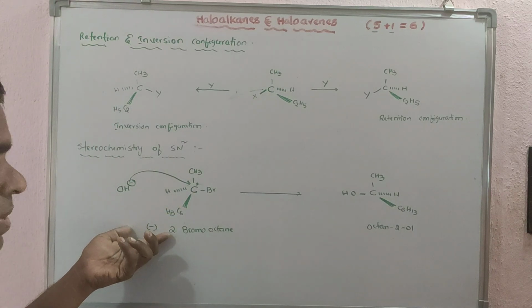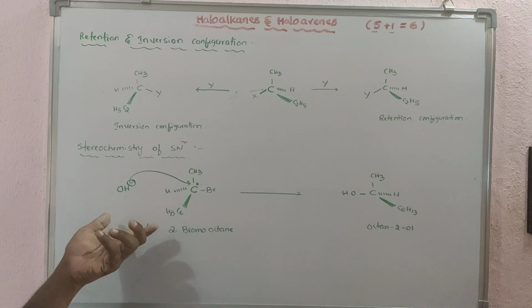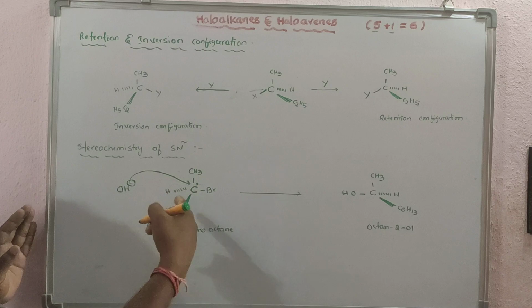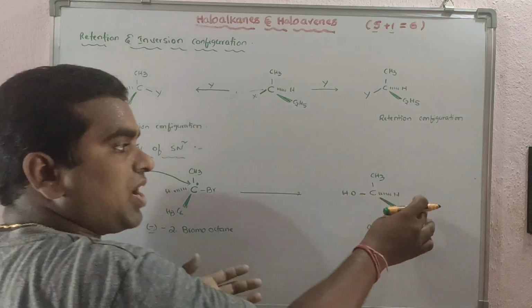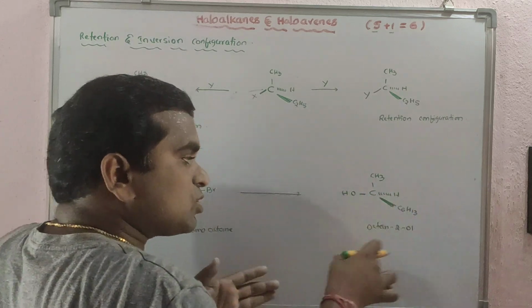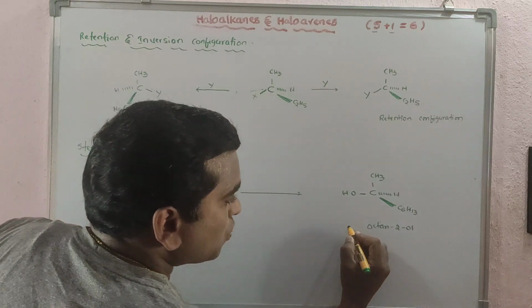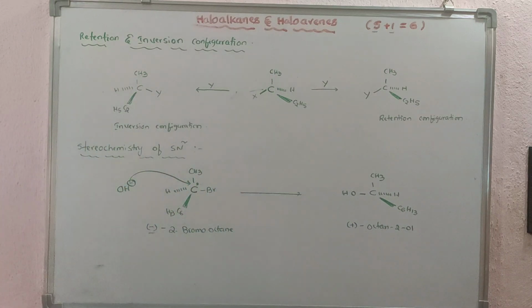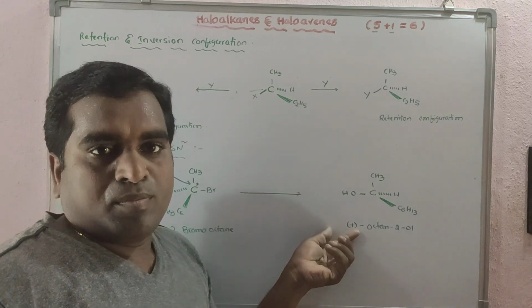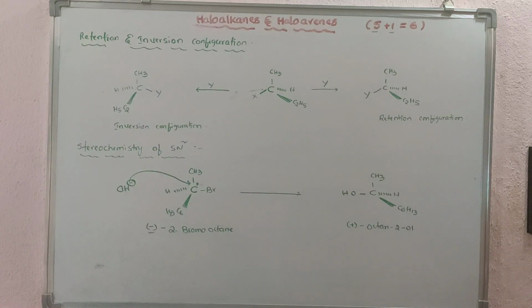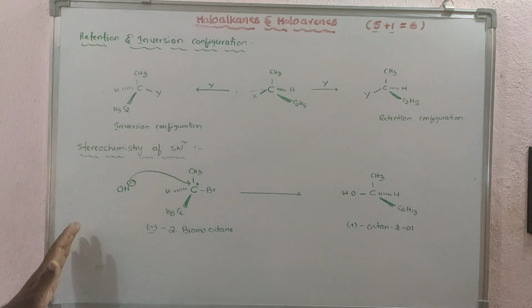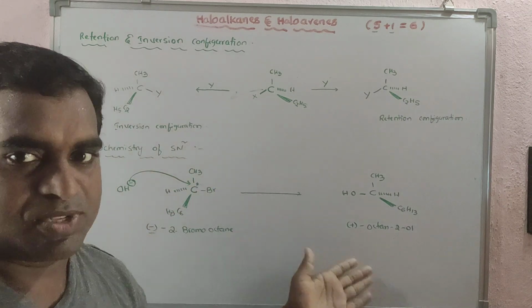Since the configuration is inverted here, the product rotates the plane polarized light towards the right. Right means dextro, D, or we can simply say positive. So this is the stereochemistry of the SN2 reaction. Then we will discuss the stereochemistry of SN1.